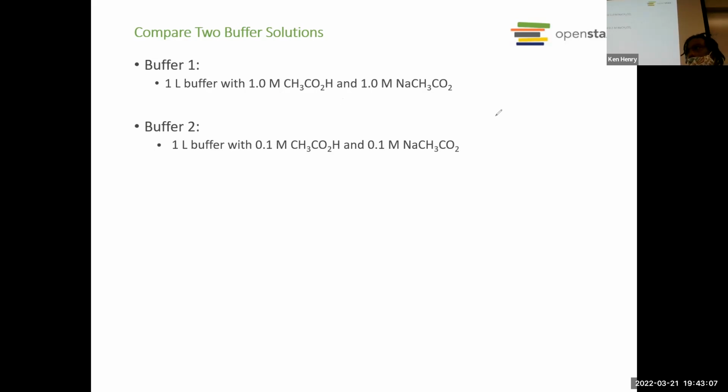So we know that the pKa, or I should say the Ka, this is acetic acid again. So the Ka of acetic acid was 1.8 times 10 to the minus 5.